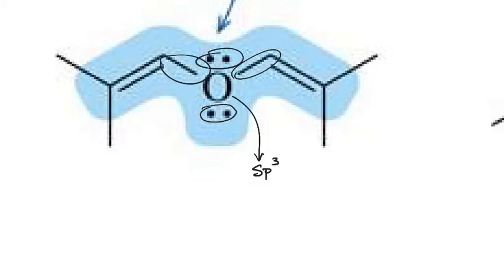There's no double bonds, no triple bonds, so you would say it's sp3 hybridized. Well, here's the trick. The reality is that it'll assume sp2 hybridization in order to stabilize the molecule, if it can.